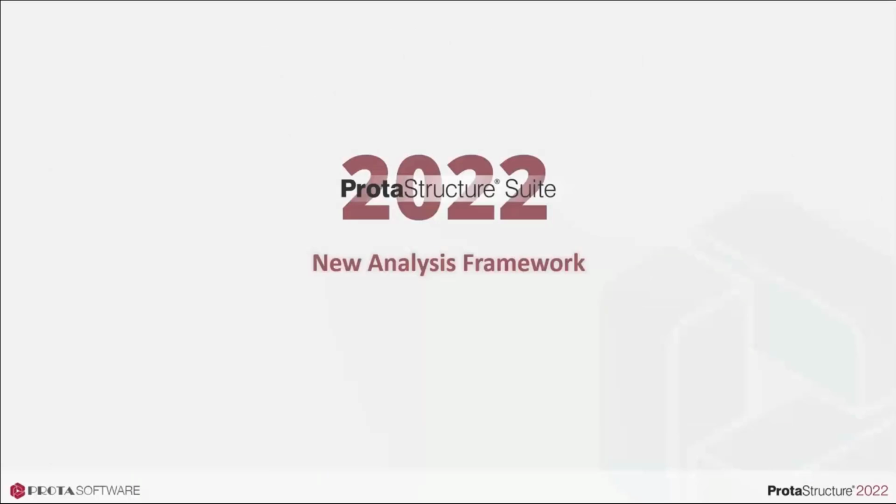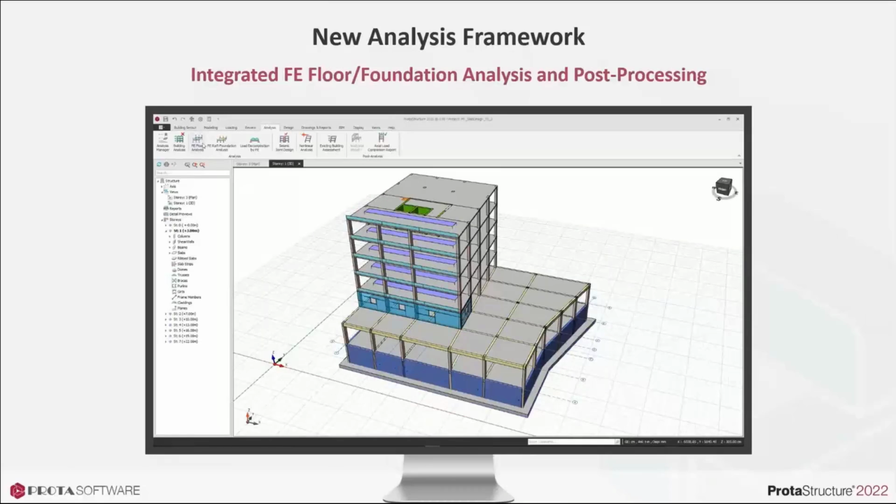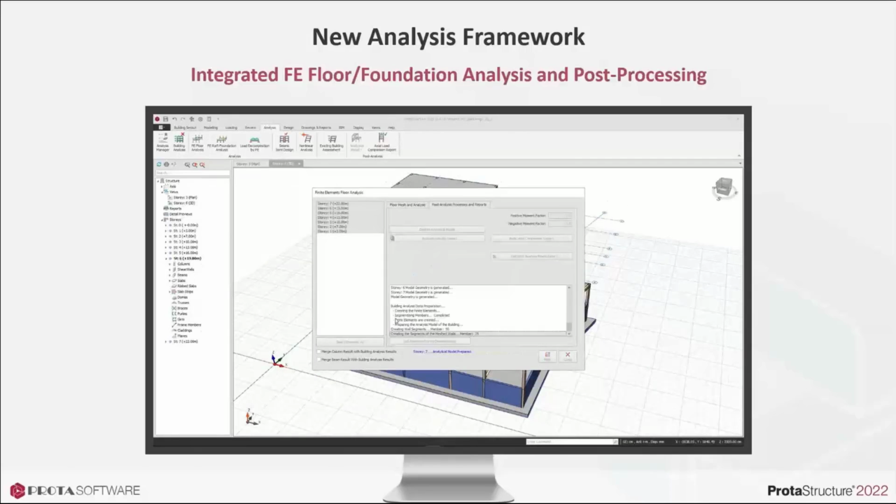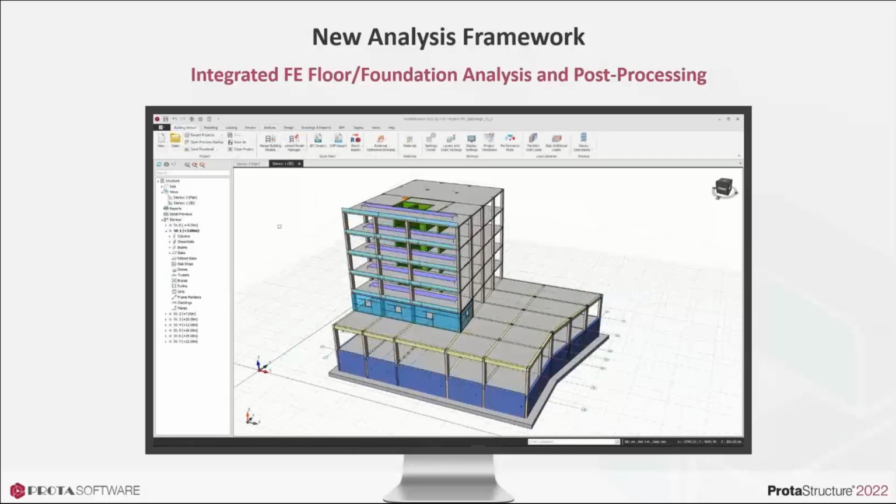Okay, so let's continue with the analysis framework. Again, it's an important part of the software that we developed. Here in this video, you see we are isolating the floors of the building and analyzing them under vertical loads only.